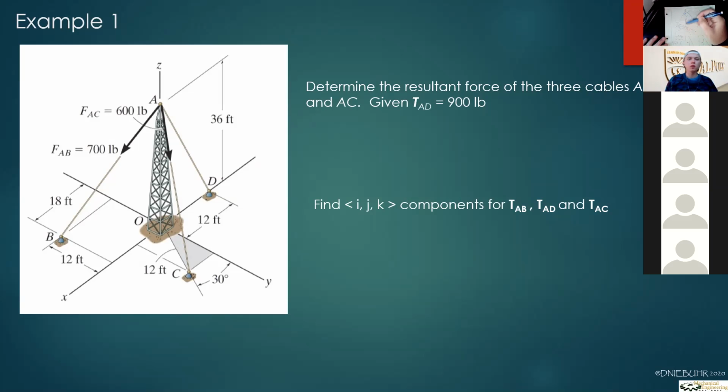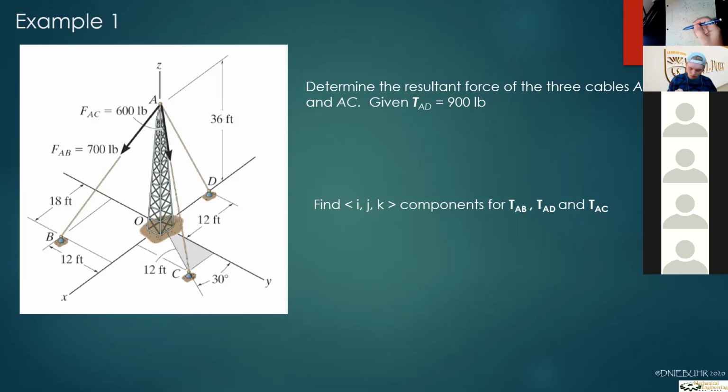It doesn't matter if it's going down or up. So you can consider that this line here is the projection of this force onto the XY plane. In order to solve, it can be helpful to know the particular dimensions. For example, if we look at this one, this angle here is going to end up being phi, because that's going to allow us to find our X and Y values.